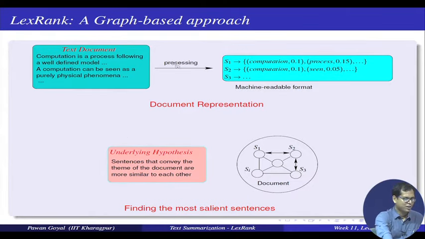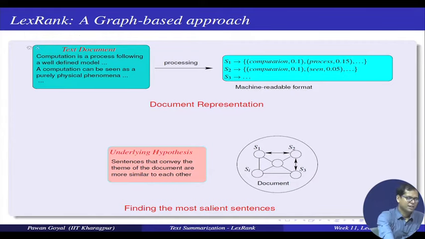So I have an input text document that contains a set of sentences. Like here you have a sentence like computation is a process following a well-defined model and so on. And second sentence, a computation can be seen as a purely physical phenomena and so on. So you have a set of sentences here. What is the first step? You find out what are the individual sentences here and provide their TF-IDF weights.